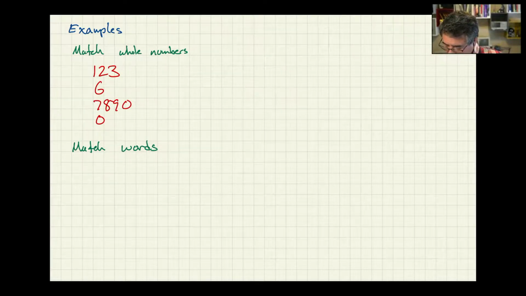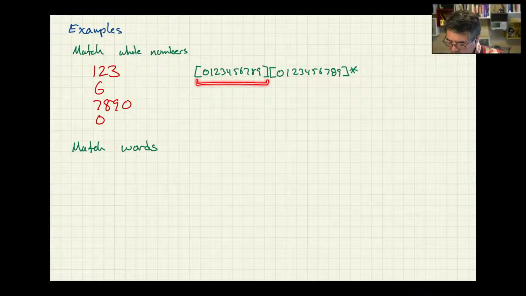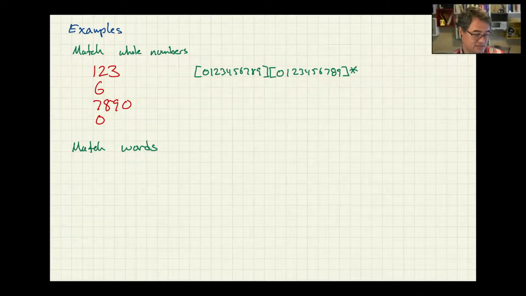So we could write a regular expression to match that. We could do 0, 1, 2, 3, 4, 5, 6, 7, 8, 9, followed by 0, 1, 2, 3, 4, 5, 6, 7, 8, 9, and then any number of those. So there has to be one digit followed by any number of subsequent digits.